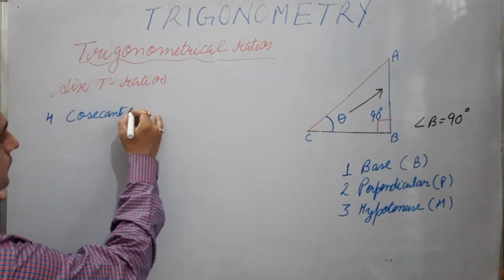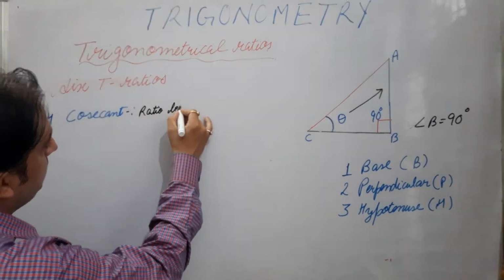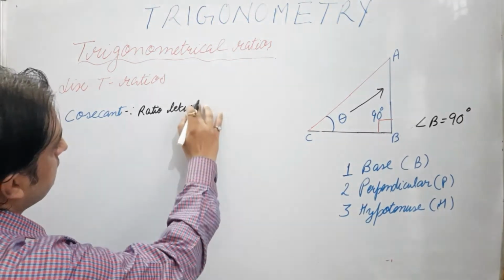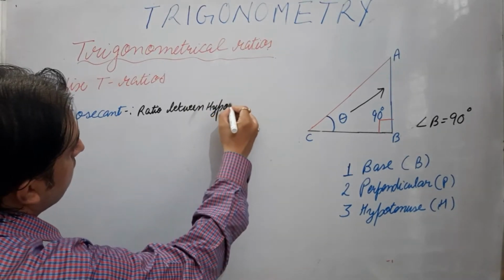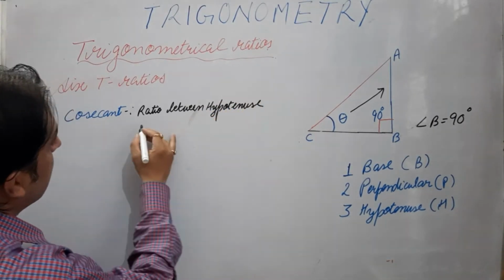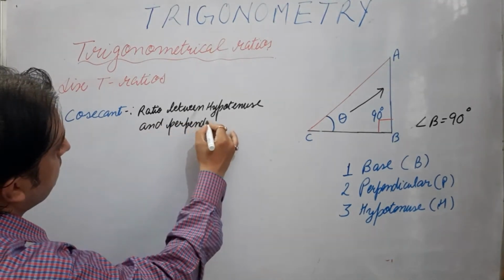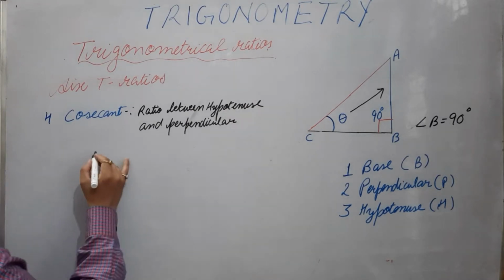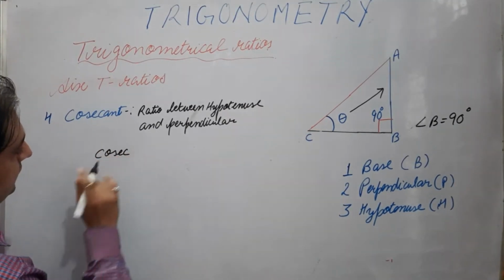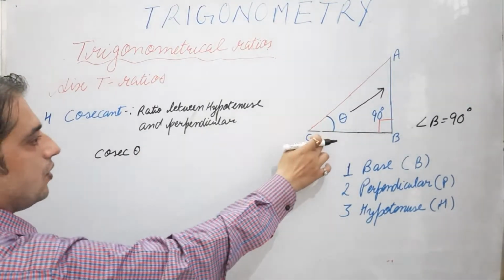It's a ratio between hypotenuse and perpendicular. In short, it is written as cosec. And for which angle are we defining it? That is angle theta, because this is the angle of reference.